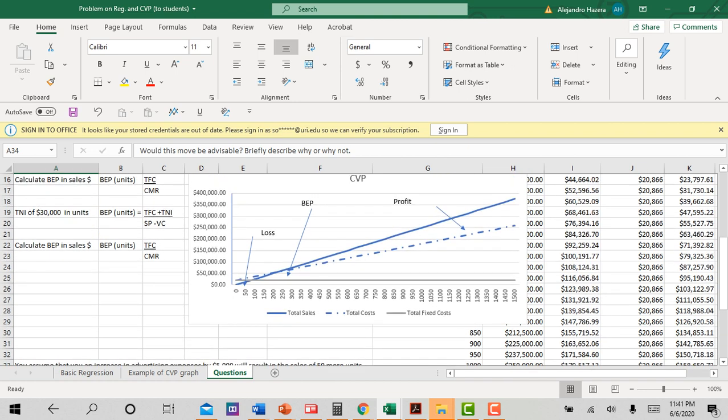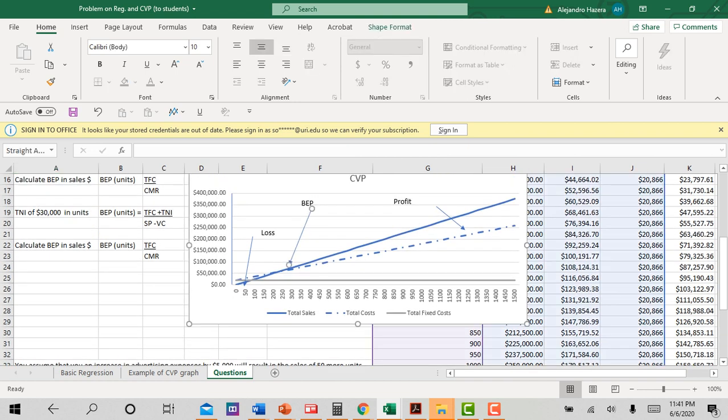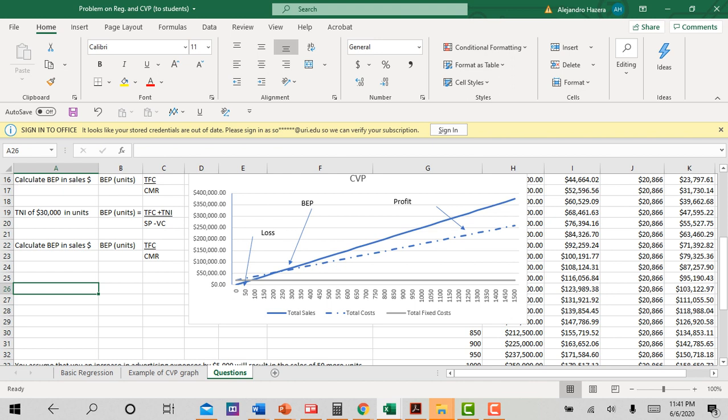And so what you're going to have to do in the assignment is, I'm going to give you a partial worksheet. You're going to have to finish it. You're going to have to finish what I do here, basically. And then finally, you're going to have to answer the question I just had.